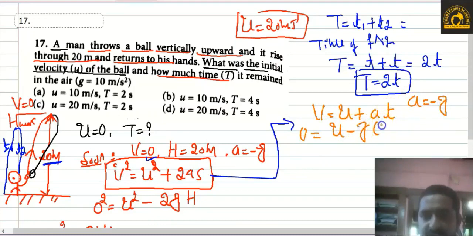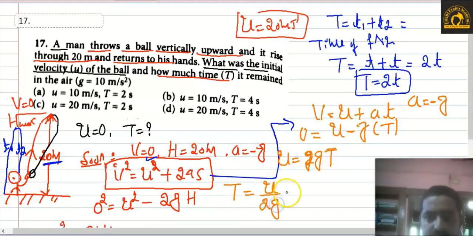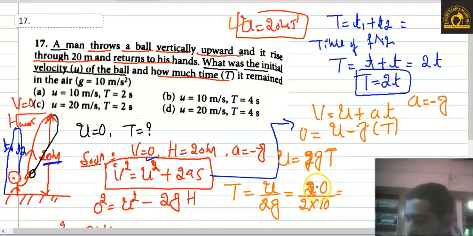So u is equal to g times T, that is, T is equal to u divided by g. Then u is 20, which we already found, so that is 20 divided by 2 into 10. So what is the time of flight?